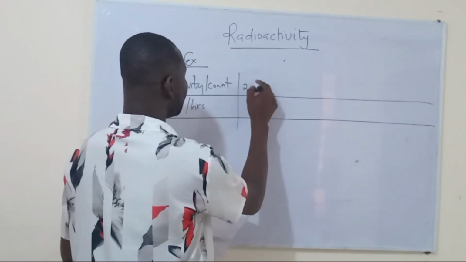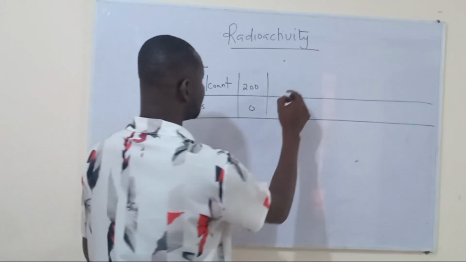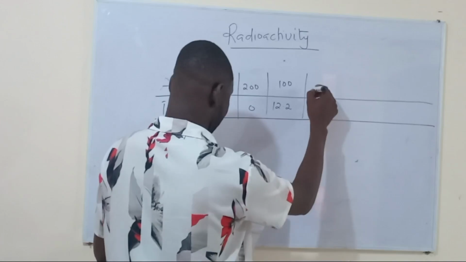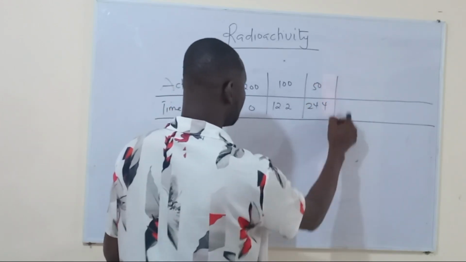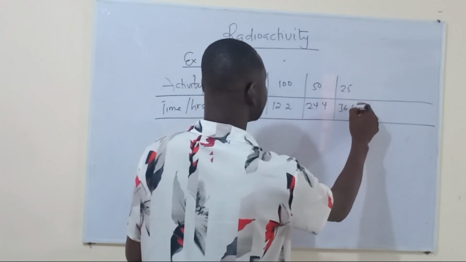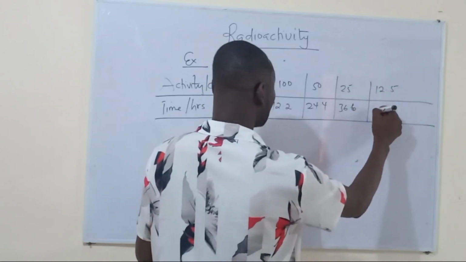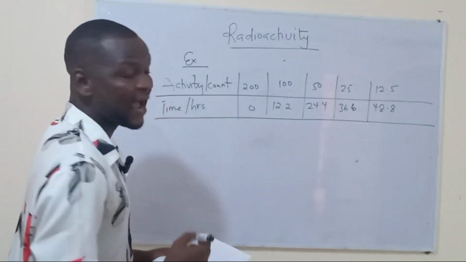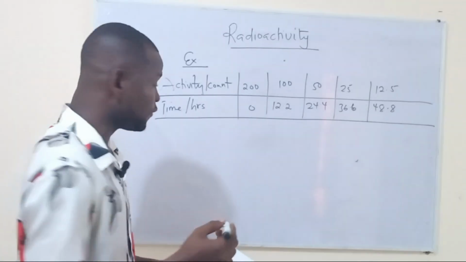So we have 200 at 0, 100 at 12.2, 50 at 24.4, 25 at 36.6, 12.5 at 48.8. So we were asked to find the half-life of sodium-24.